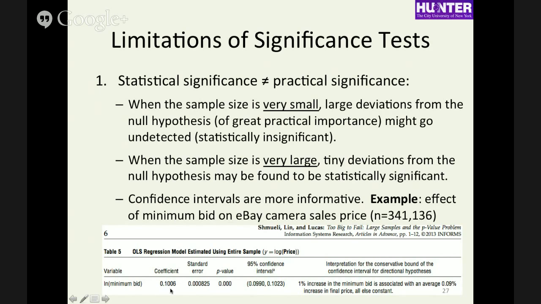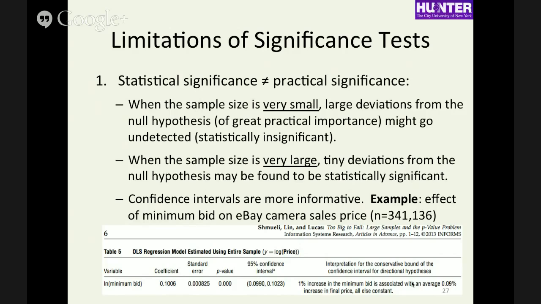It has a coefficient of 0.1 and a p-value of 0, and the interpretation is here, it's the minimum bid price. So if you increase your minimum bid by 1%, you'll get on average a 0.09% increase in final price.